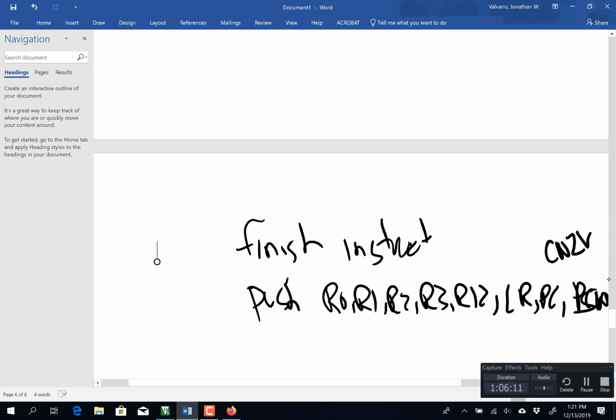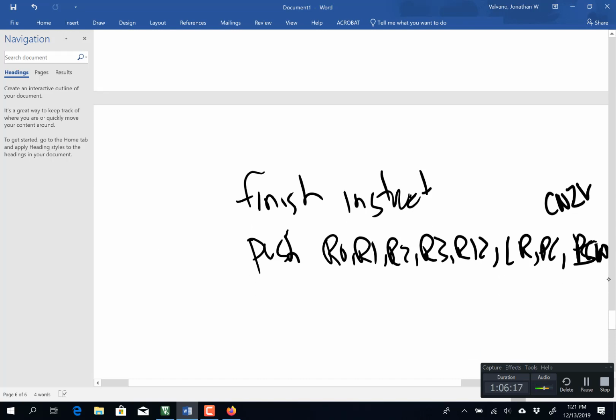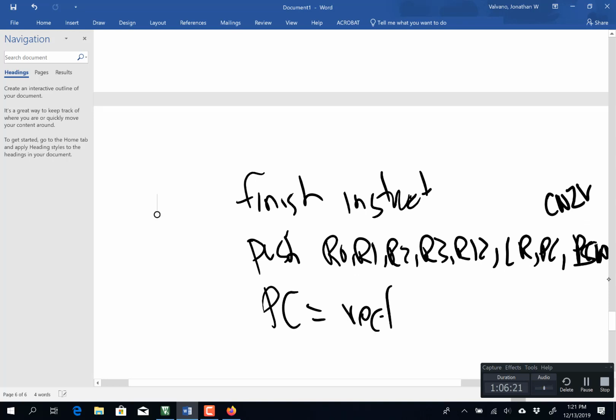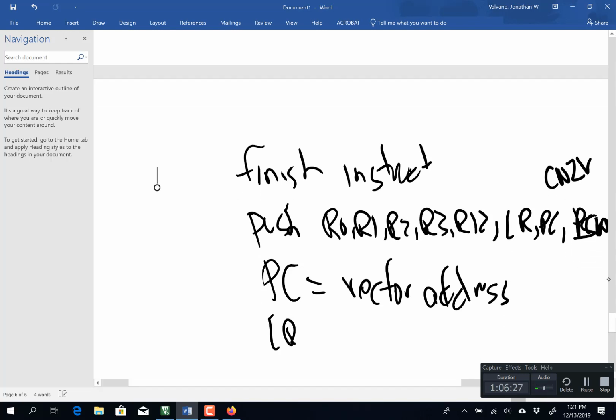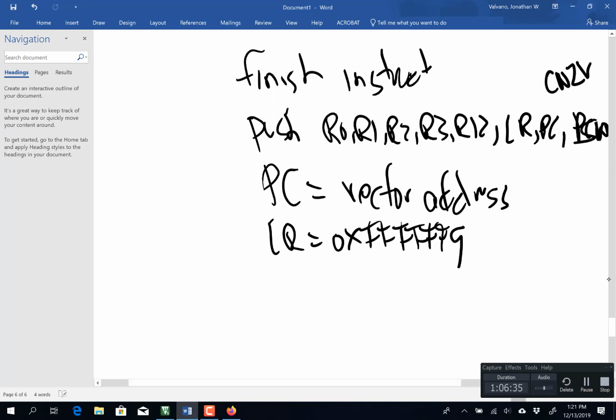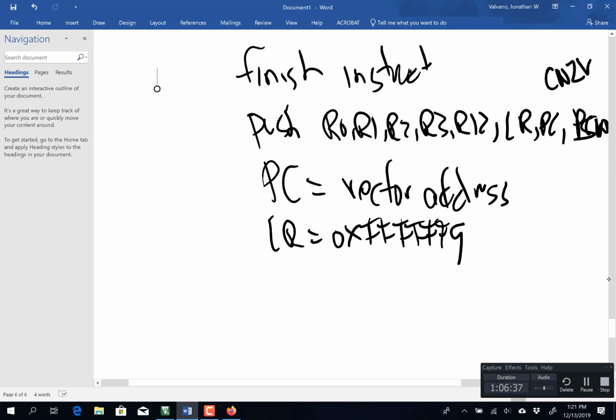That's the answer to your question. It just does it. It's not executing code. And then it's going to set the program counter equal to the vector address, the address of the interrupt service routine. It sets the link register equal to 0xFFFFFFF9. Now, what else does it do?